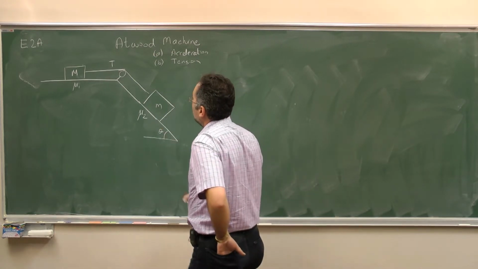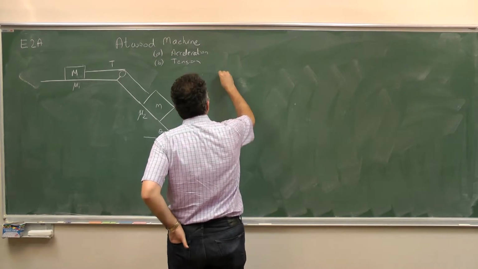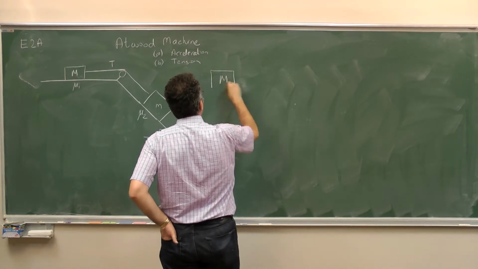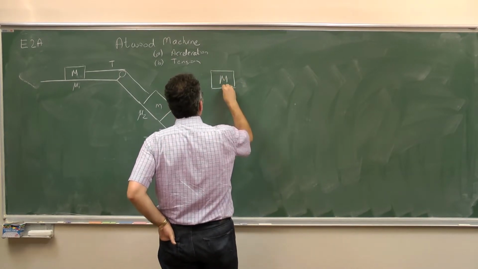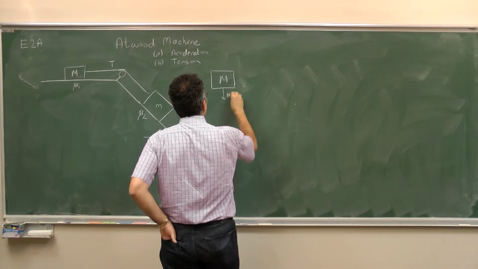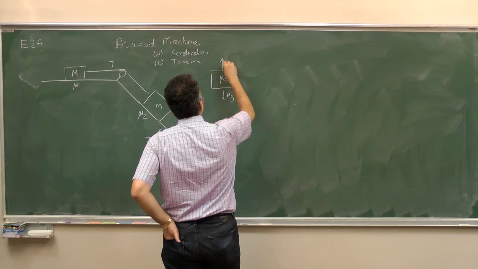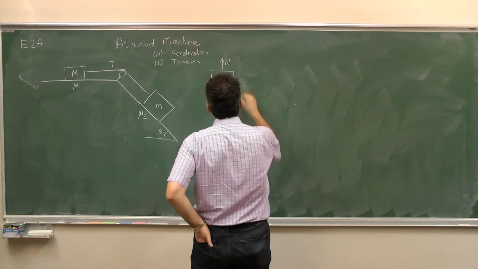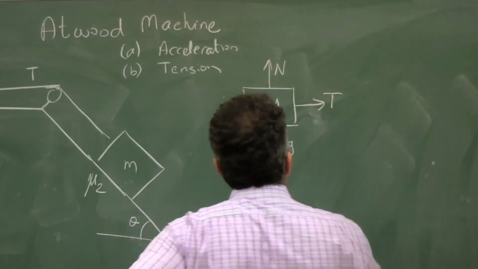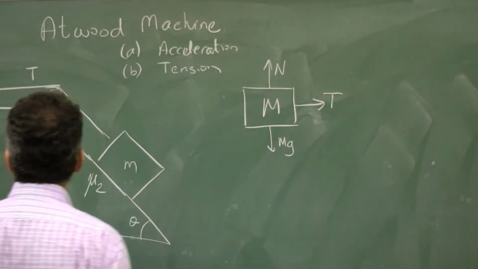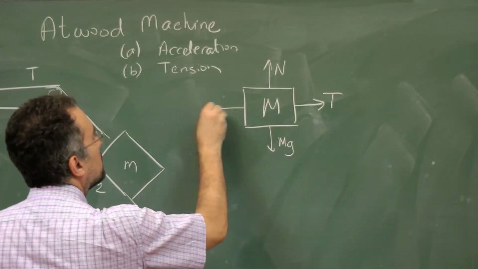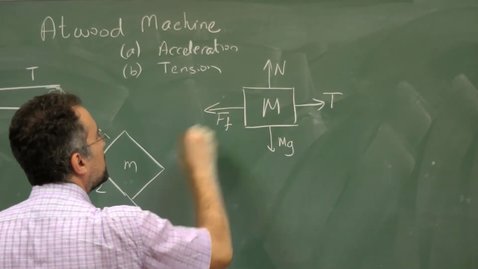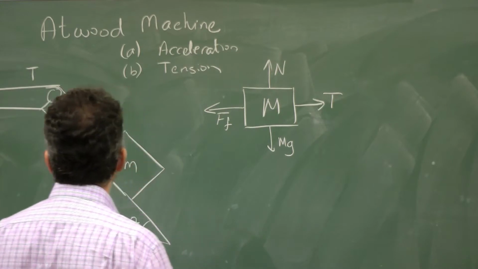Now, for this mass, free body diagram. So I have mg acting down, normal force acting up, tension in the wire pulling to the right, and the force of friction pulling to the left.